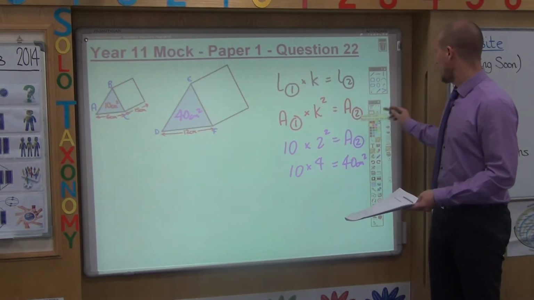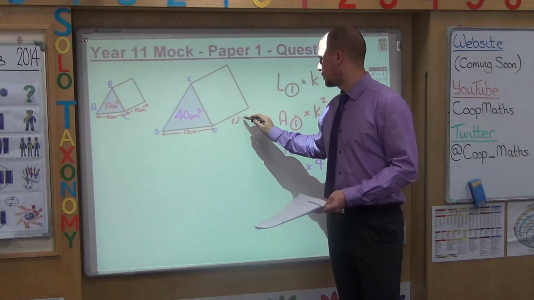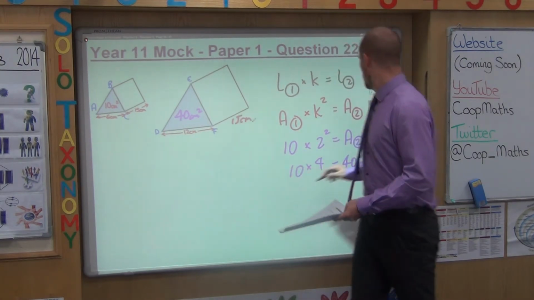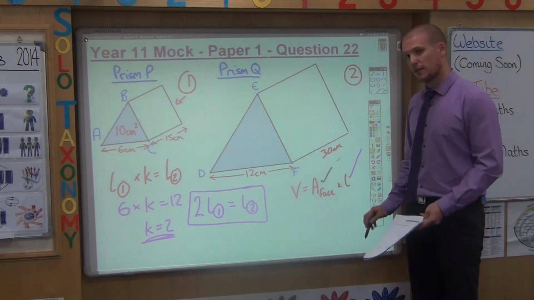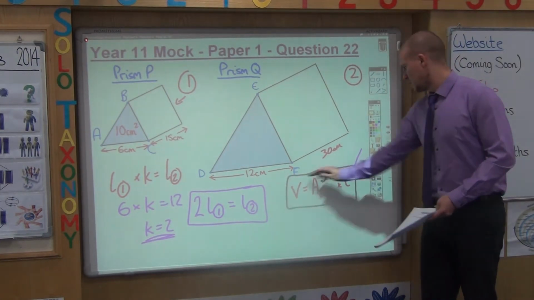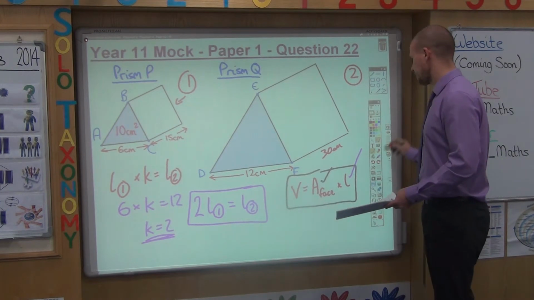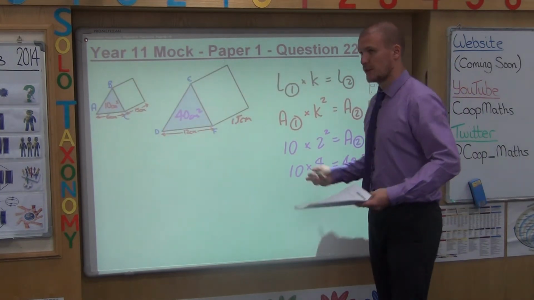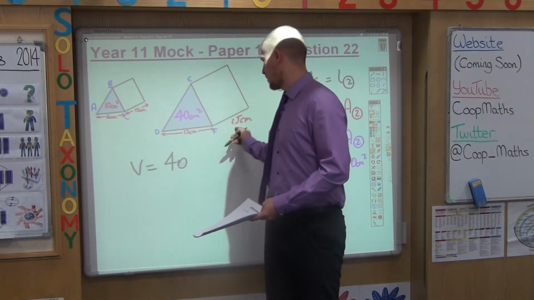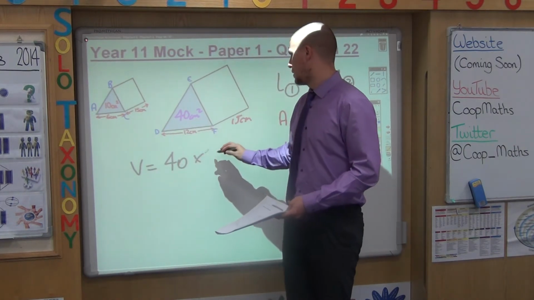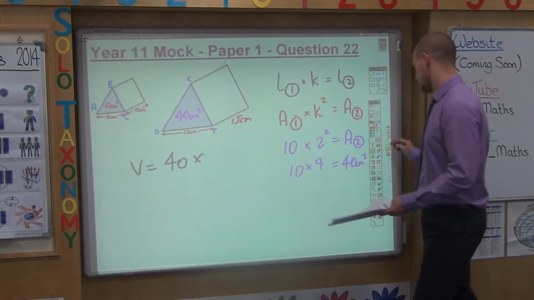We also have from before that the length was 15. Going back to our formula now, here we now have the area of the face. We're good to go with our volume of a prism formula. It's going to be 40, which is the area of the face, times 15, which is, oh, mistake there.